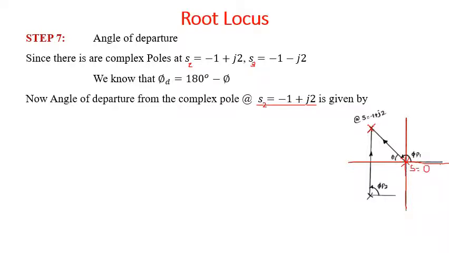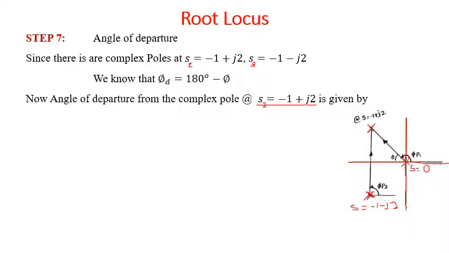Quite symmetrical or opposite to this one, we add another pole, that is S equal to minus 1 minus j2, that also you locate. So keep the diagram as symmetrical as possible. Next, keeping this as fixed, from the other two poles, that is from S equal to 0 and S equal to minus 1 minus j2, draw a straight line.